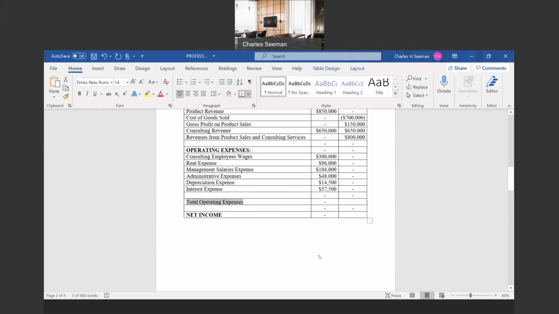So what I would do now is I would just add up these numbers. 300 plus 200 is 500. And I already know this is another 100. So total operating expenses is 600,000.